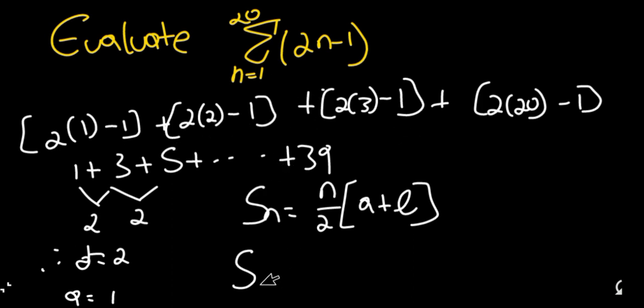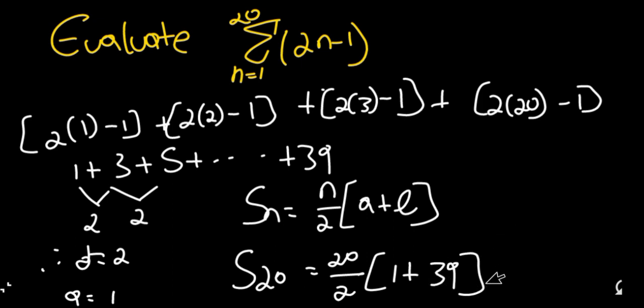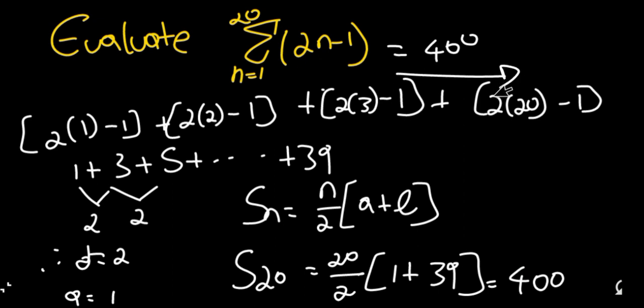We are adding 20 terms, so it's going to be 20 divided by 2 into our first term, 1, plus our last term, which is 39. If you punch this on a calculator, 20 divided by 2 into 1 plus 39, you're going to get 400. So our value for this series is going to be 400. That's how you evaluate the sigma.